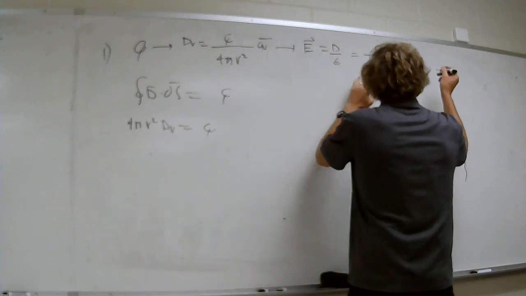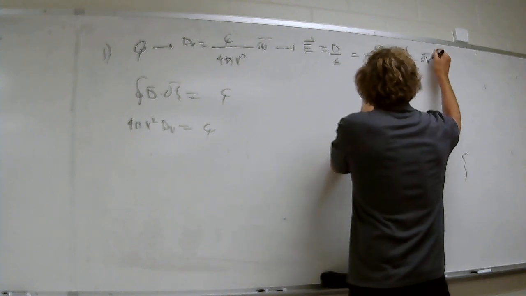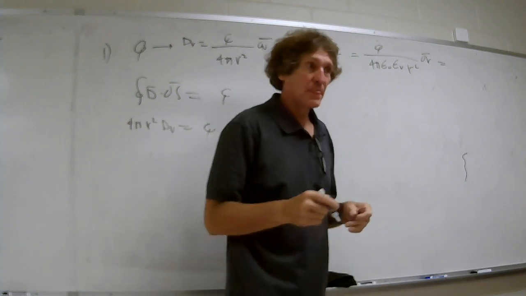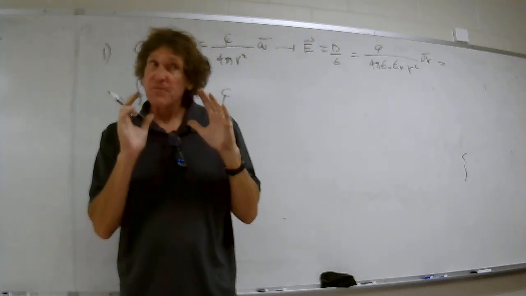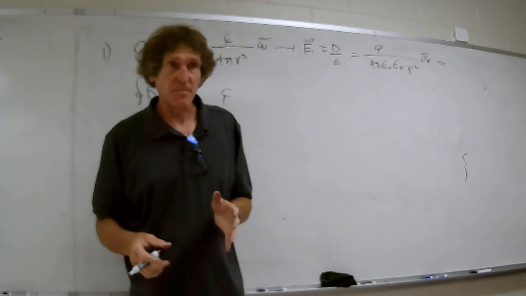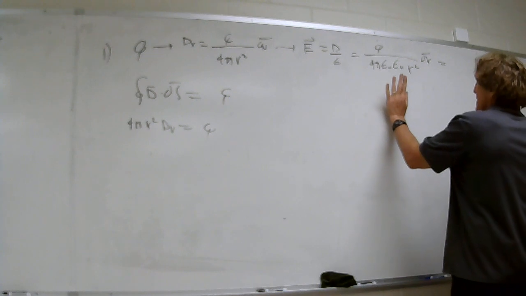I'll leave it as epsilon relative for now. Remember, that's the general form of this: E is D over epsilon. D doesn't depend on epsilon, but the E field does.